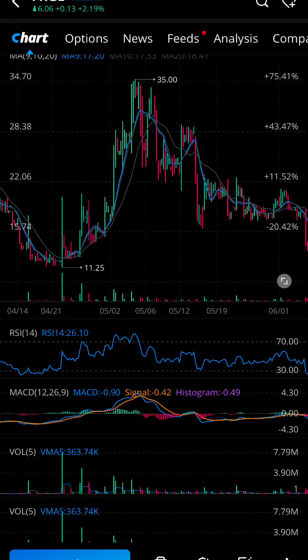Now, whenever you're looking at the RSI, you can see dotted lines, and it has 70 and 30 beside each dotted line. That 30 is, if it goes below 30, then that means it's oversold. If it goes above 70, that means it's overbought. And that goes back to what I was saying earlier whenever I was talking about how stocks overreact. So every time it goes below 30, it will overreact and go up.